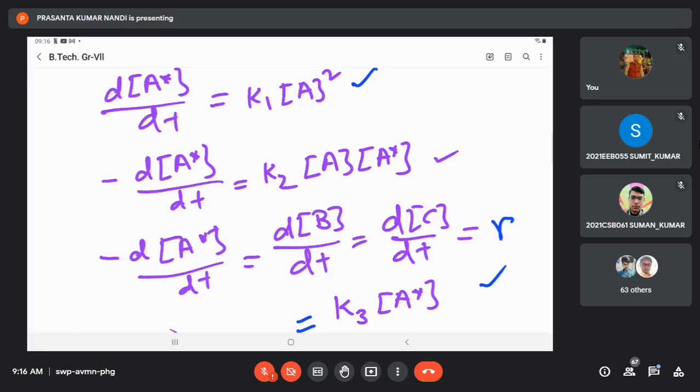So, as in the unique rate law representation we discussed earlier at the very beginning, we can write the differential rate law either in terms of the reactant or the products like this. Since all are present in a 1:1 stoichiometry ratio, the stoichiometric factor does not appear in these expressions. And this overall rate of the reaction, we can write simply as K3 A star.